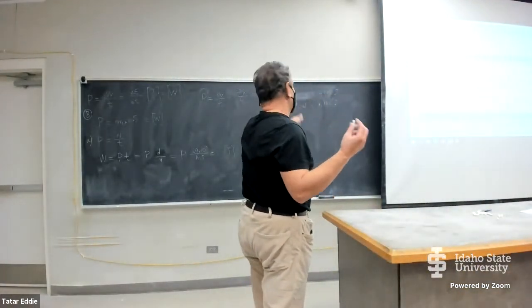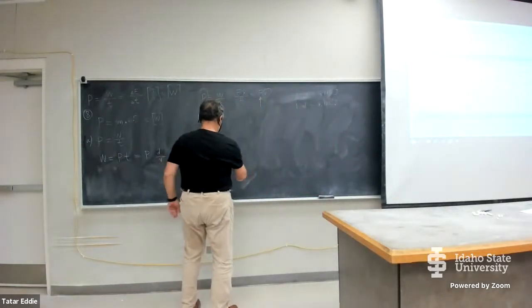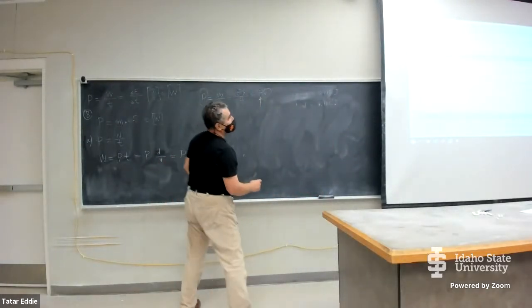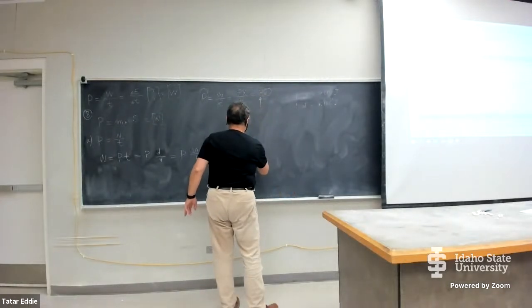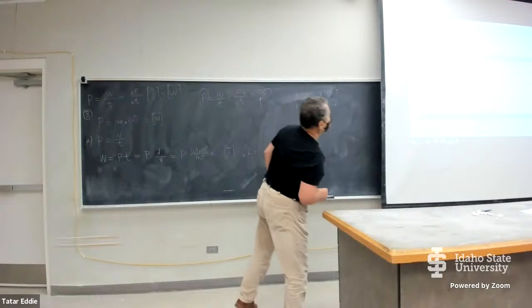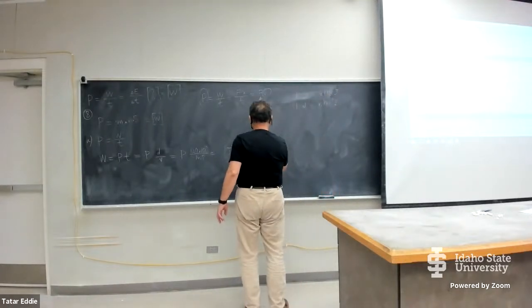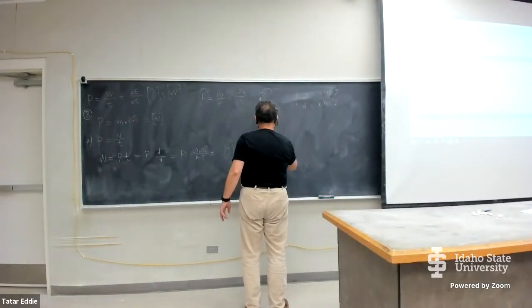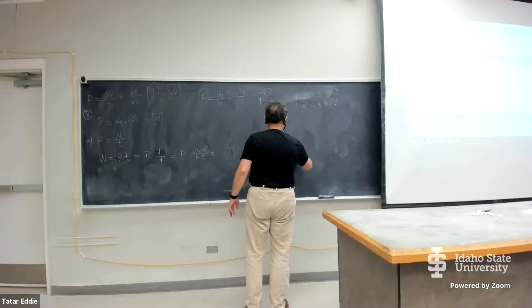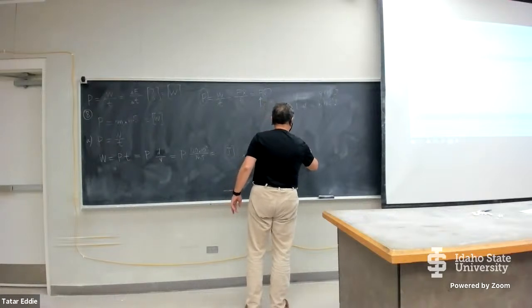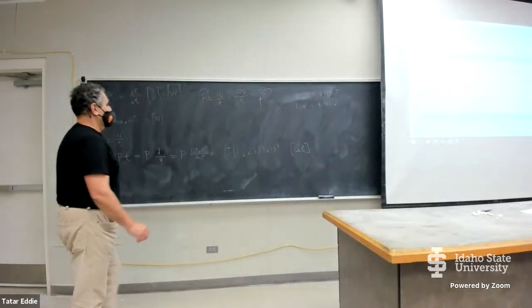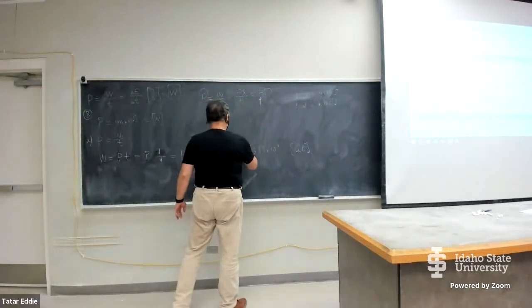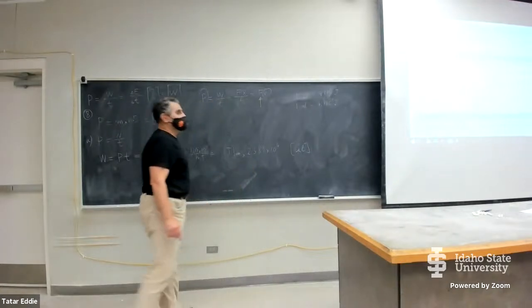If you multiply the number of joules by the conversion factor of 2.389 times 10 to the fourth, you're going to get the result in capital C calories. Do this multiplication.